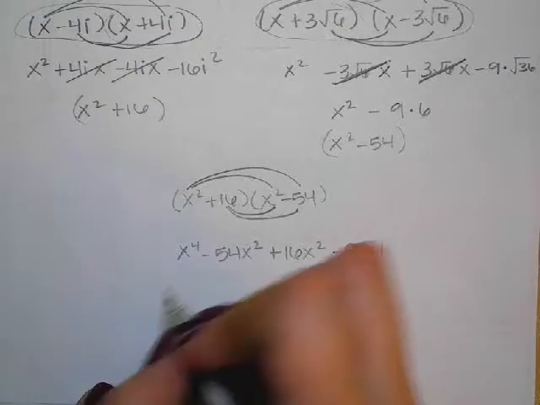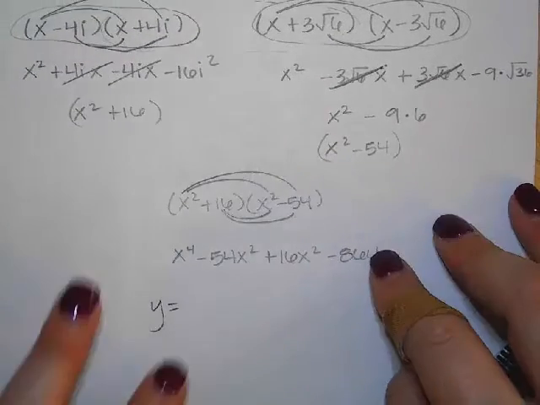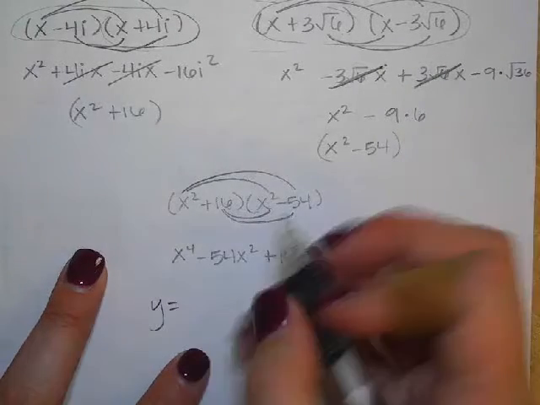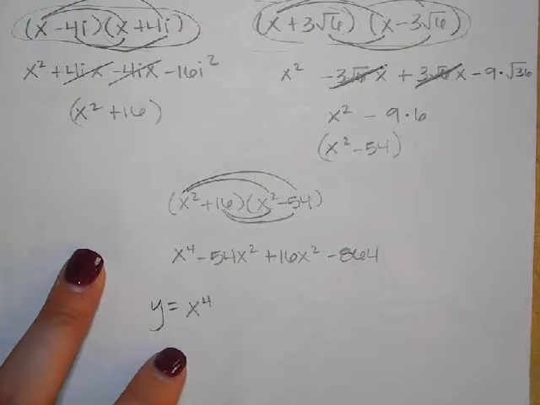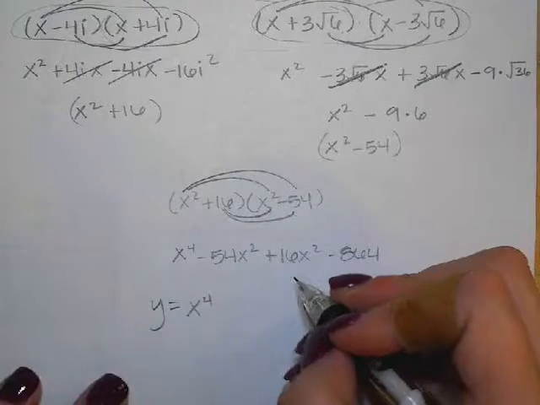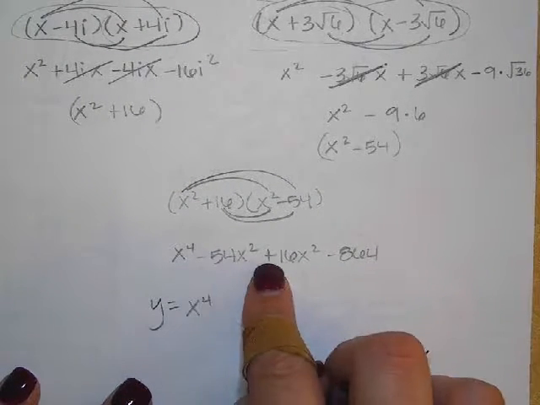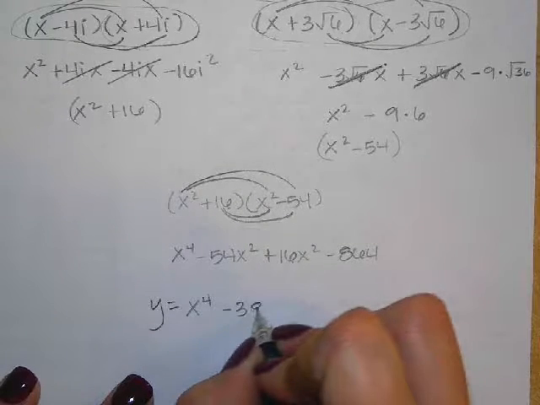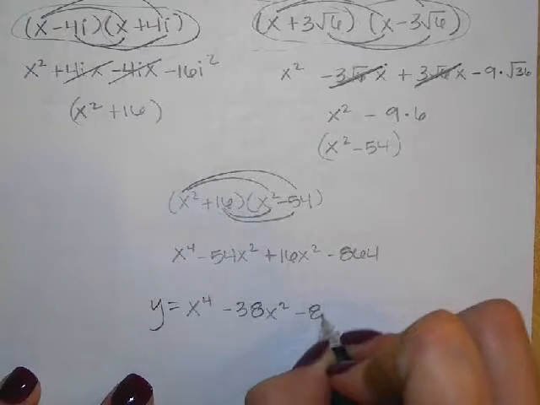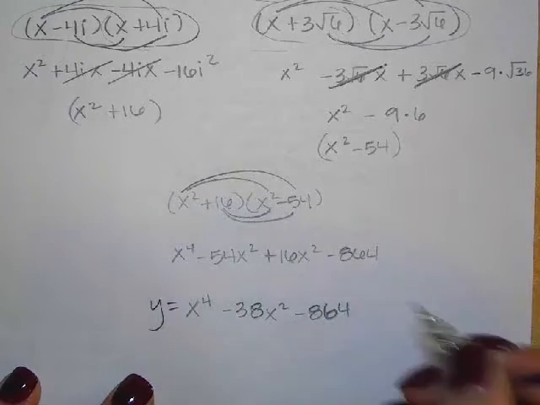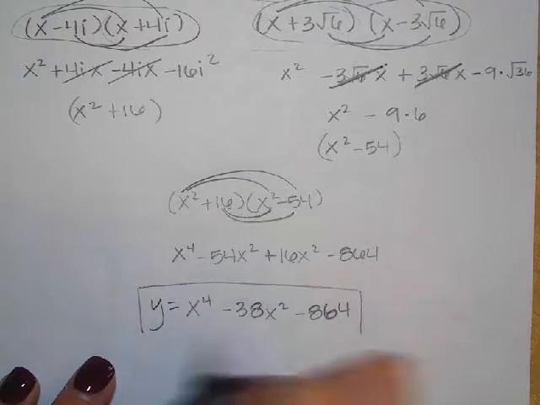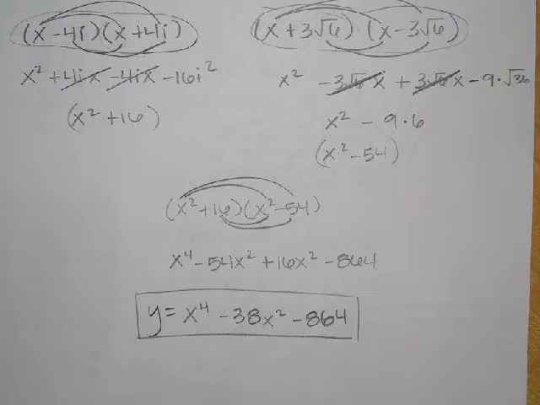Okay, so we have y equals, because we're never going to forget that y equals, right? y equals x to the 4th. You can put that if you want, yeah. You don't have to, but you could. And then how many x squareds do we have? Negative 38. And then negative 864. What problem does this kind of remind you of? In the packet. It should remind you of number 8, yeah. It's very similar to number 8.